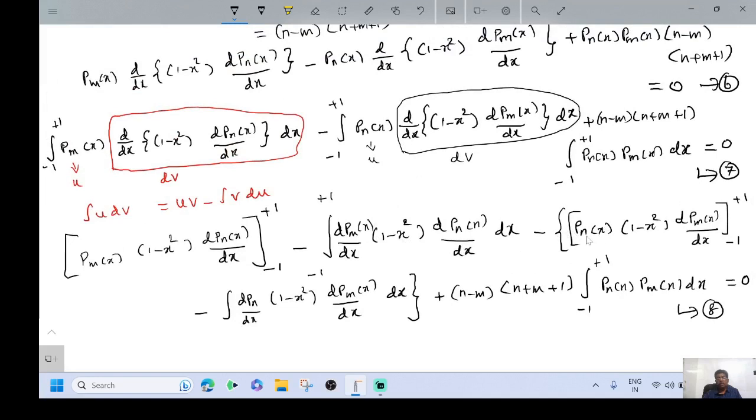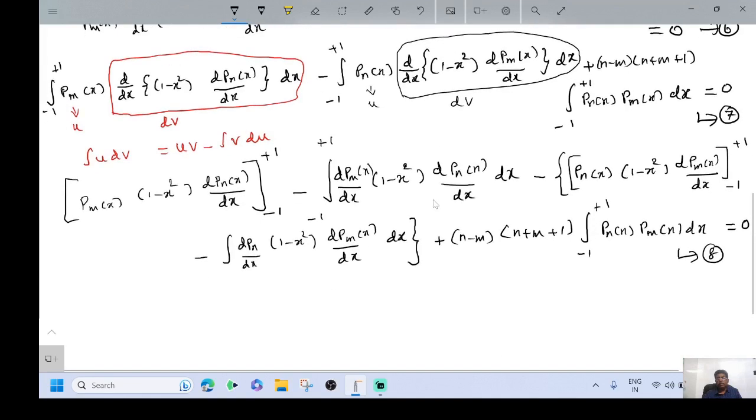This is in terms of minus, and here this is in terms of minus. This minus is commonly present, so minus into minus plus, so that you may cancel these two integrals here. Minus of dPm by dx 1 minus x square dPn of x by dx into dx.